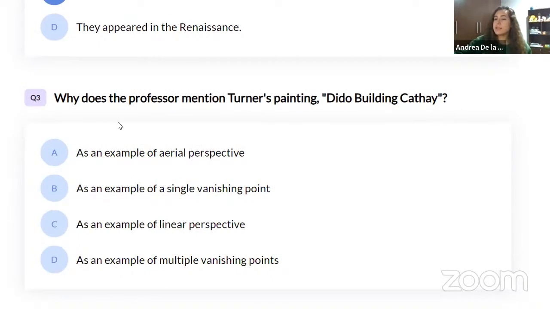Now, a third question says, why does the professor mention Turner's painting, The Fighting Temeraire? What do you guys think?